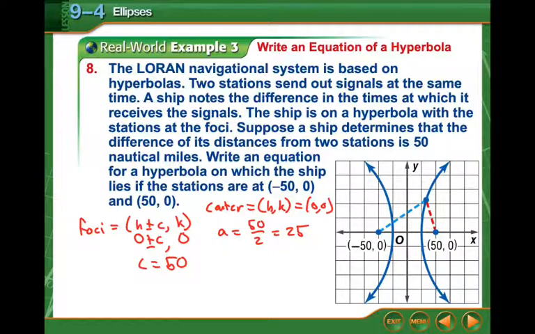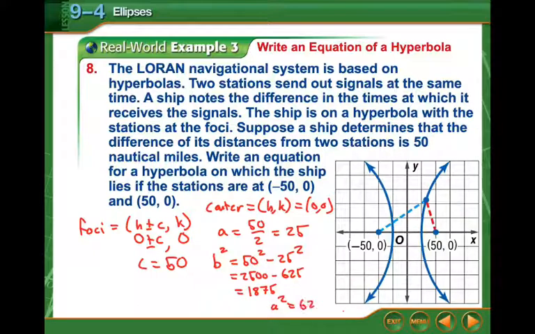So again, remember using the Pythagorean theorem, I'm going to write it out already solved for b squared, because that's what we really want. And that's going to be 50 squared minus 25 squared, which is 2,500 minus 625, which is 1,875.